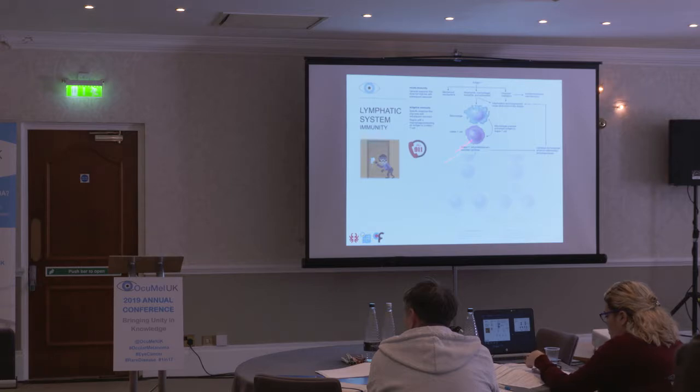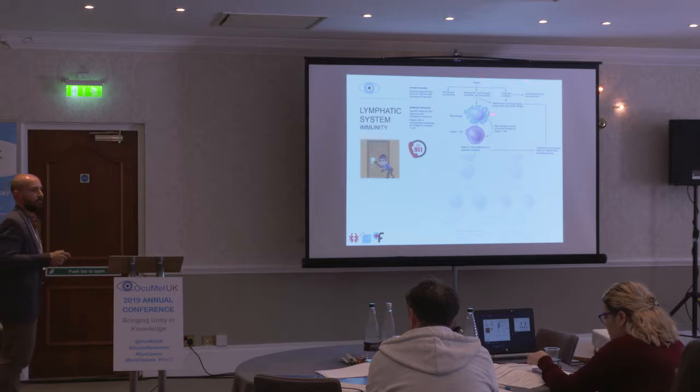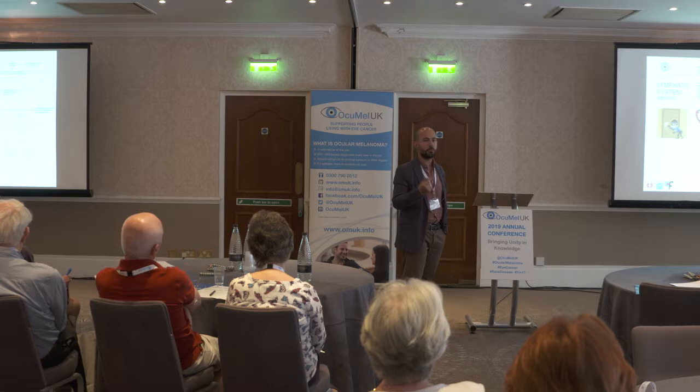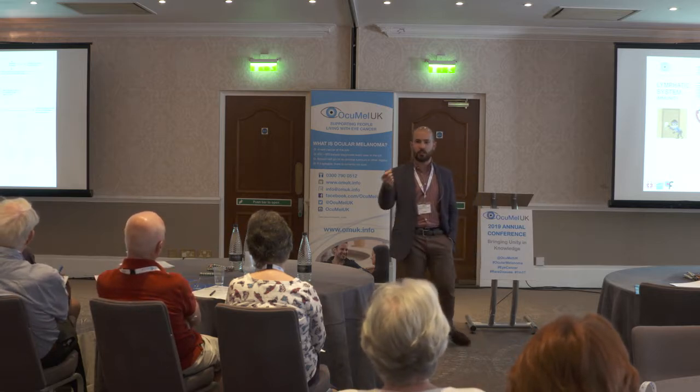This T helper will be presented by the antigen presenting cells. The witnesses will show them the antigen, the thief. And they will recognize it and they will generate the adaptive immunity. So it's an immunity that is adapted to a specific antigen, a new antigen, okay?